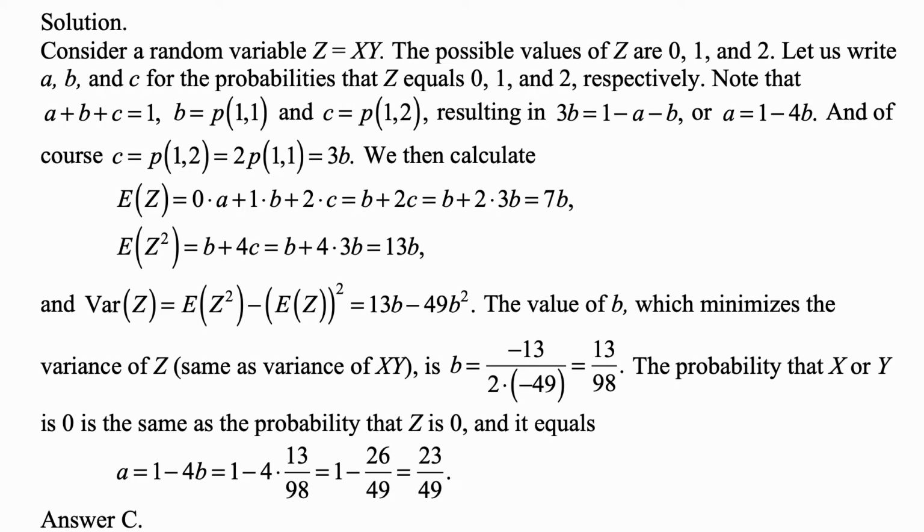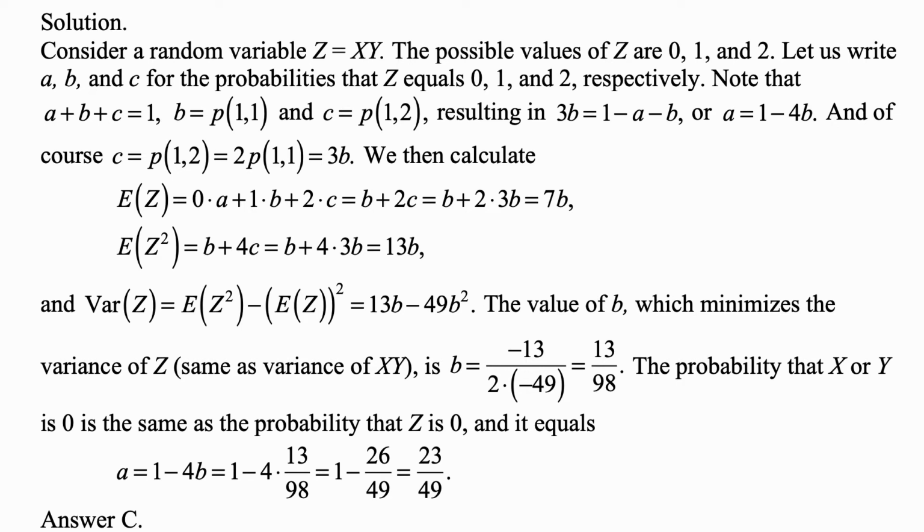That's one of the relationships that make it so that we end up having everything depend on p of 1, 1. b is, by definition, p of 1, 1, because how else do you get 1 by multiplying 0 or 1 by 0, 1, or 2?